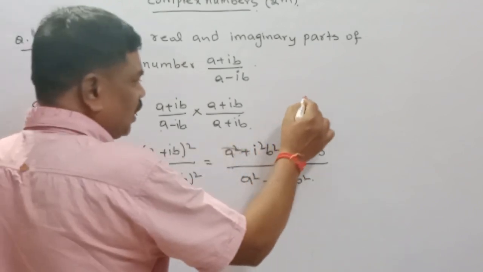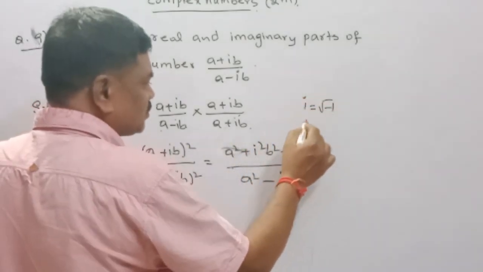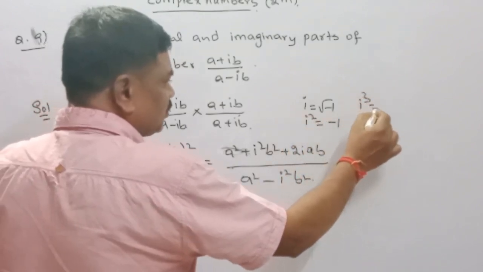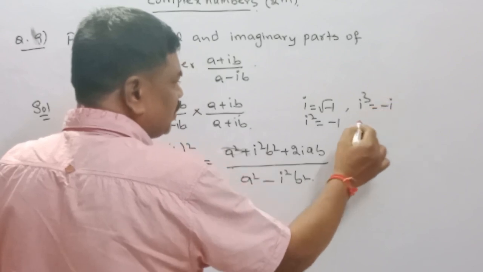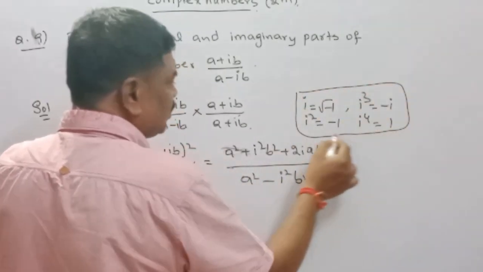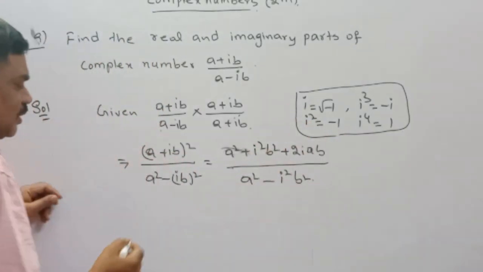We know that iota is equal to root minus 1, iota square is equal to minus 1, iota cube is equal to minus i, iota power 4 is equal to 1. So here iota square is equal to minus 1.